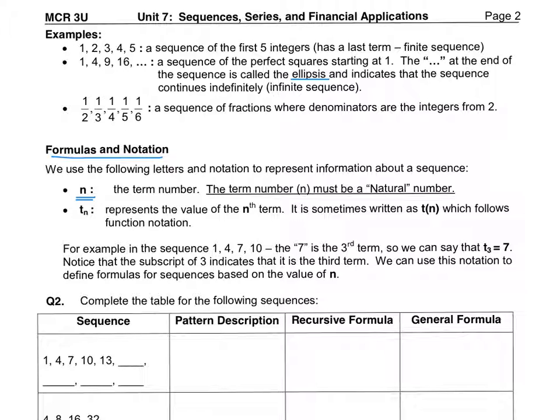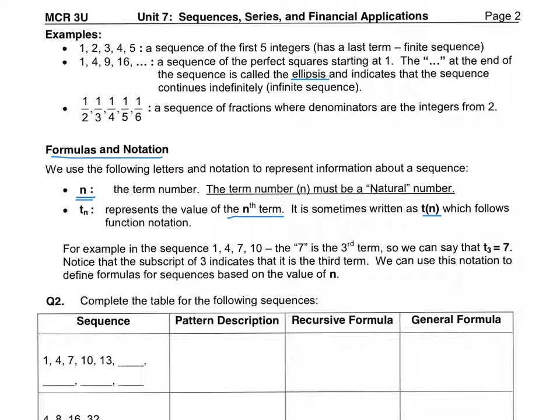Our t with a subscript n is like the y value given that particular term number. So t sub n represents the actual term's value for the nth term in the sequence. It's sometimes written as t(n), which looks more like our function notation.